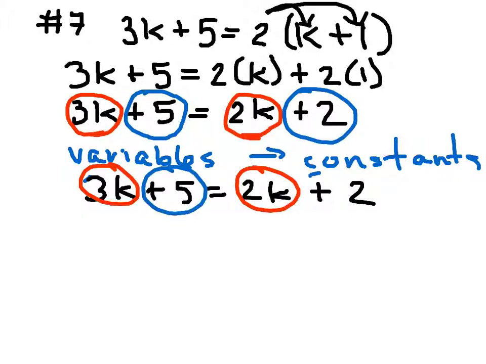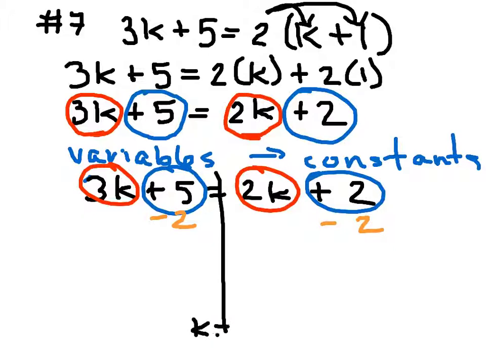There you go. All right. So the first thing I'm going to do, I guess, is subtract 2 from both sides. Subtract 2, subtract 2. And once again, we're going to come down here and get k is equal to something.